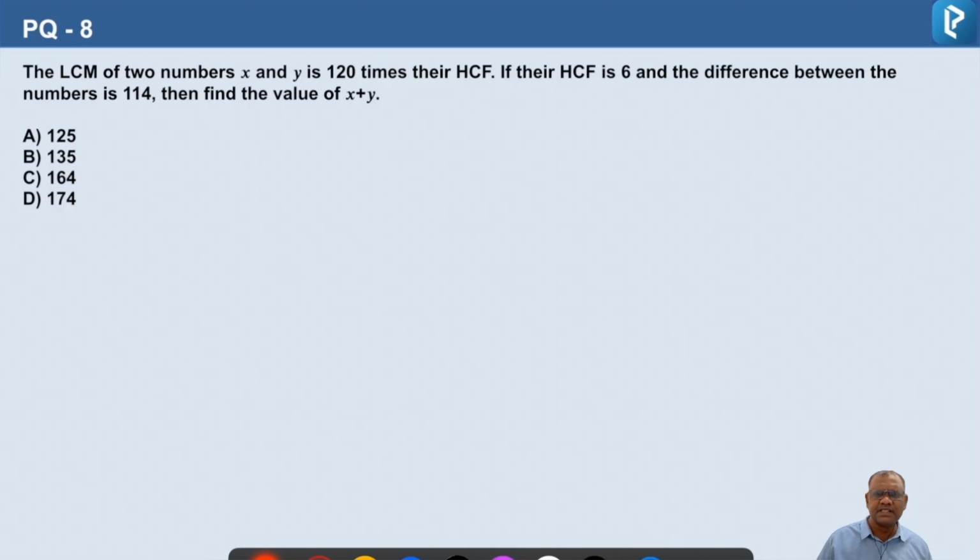So HCF is 6, so we should assume the numbers. Let the numbers be 6x and 6y.